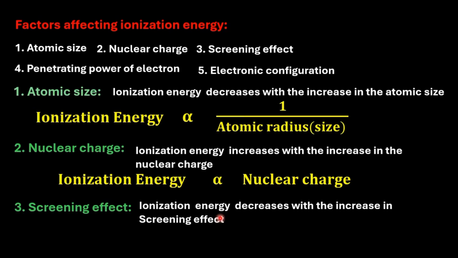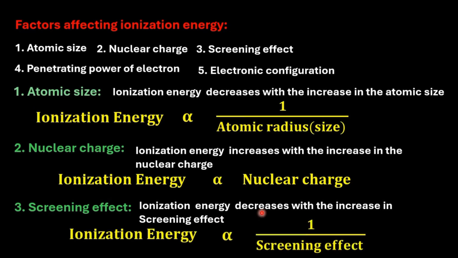The inner electrons keep the outer electrons away from the nuclear charge. That's why ionization energy decreases when screening increases. So the screening effect and ionization energy are inversely proportional to each other.